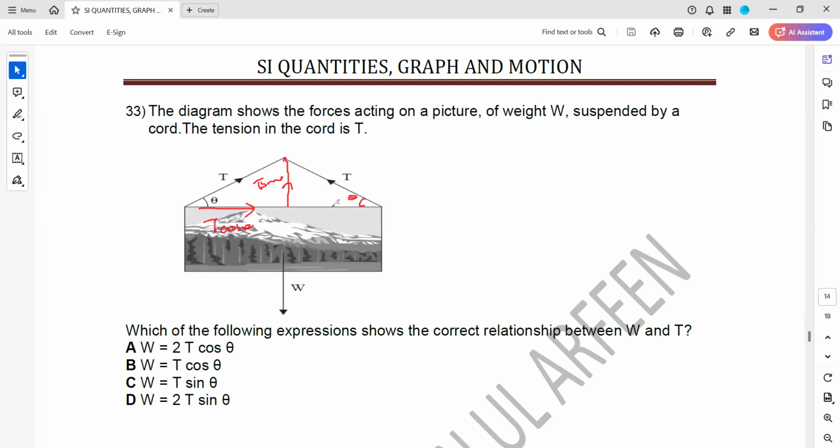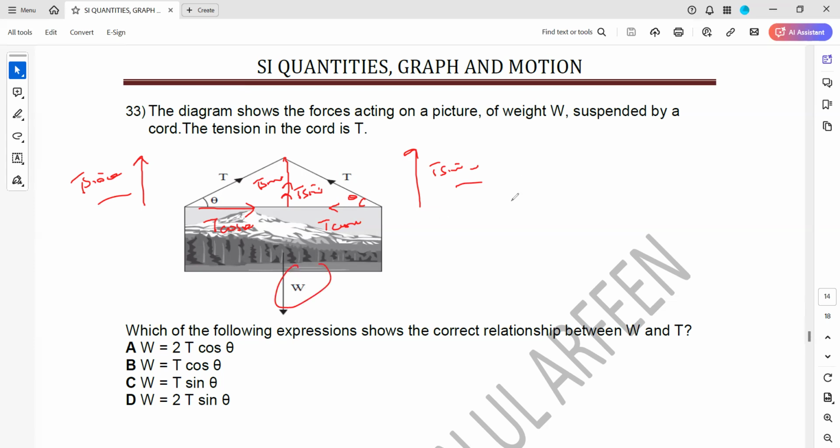Same thing for the other tension, the one with the angle will be T cosine theta, and the one opposite to the angle will be T sine theta. So there is a T sine theta for each cord. T sine theta is acting upward for each cord, the component. So T sine theta and T sine theta are acting upward and weight is acting downward.